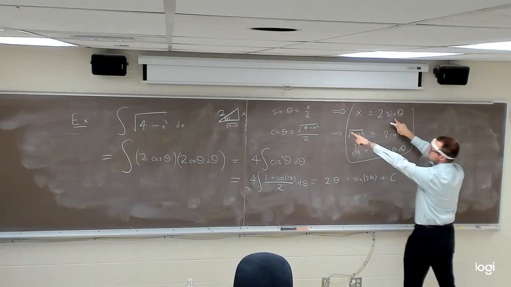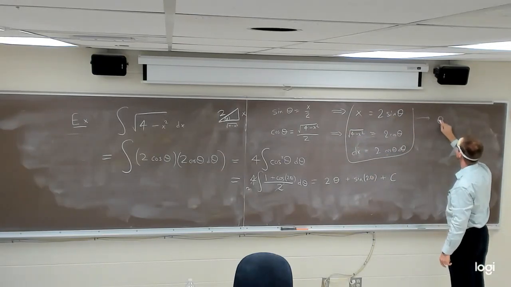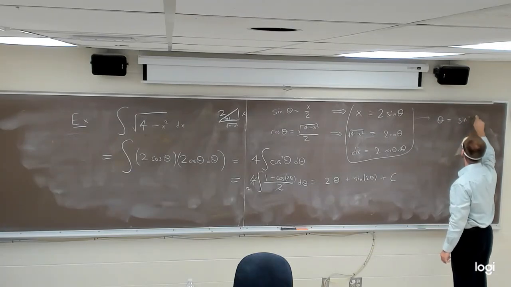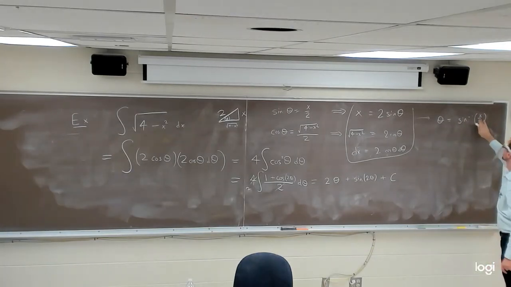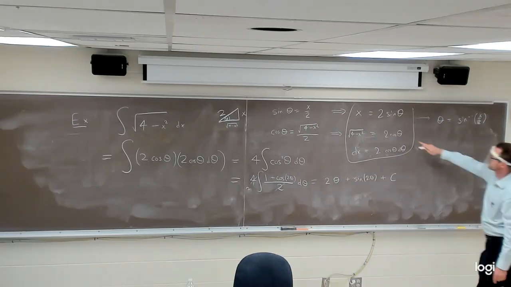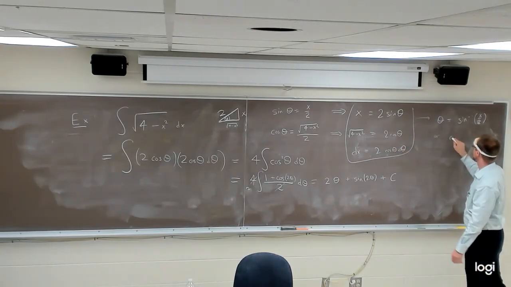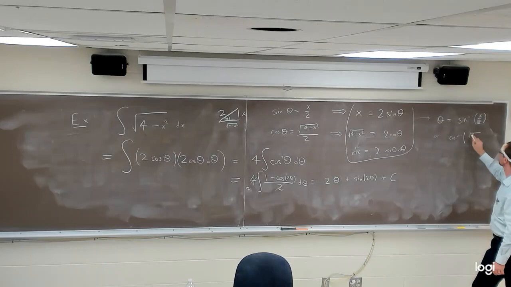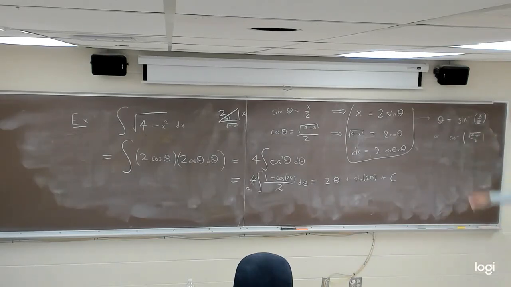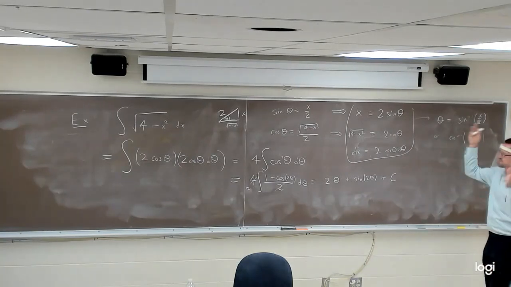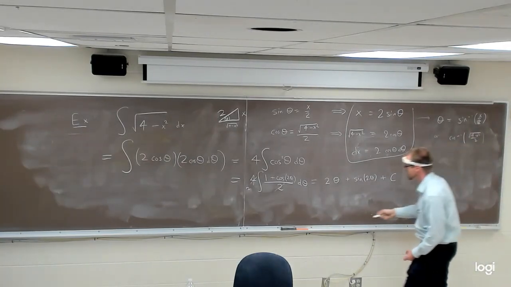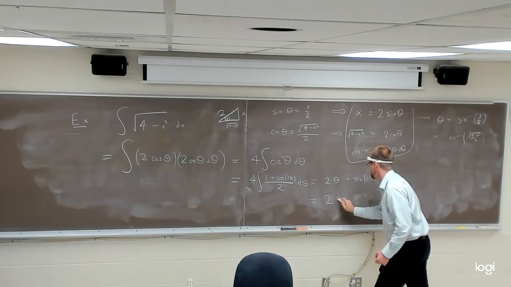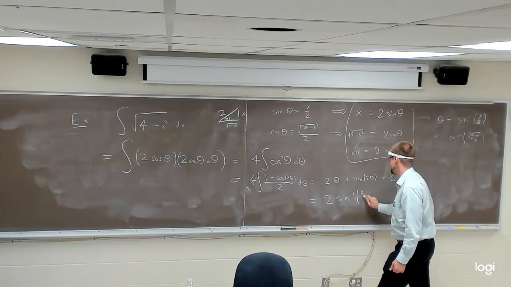If I take this and divide by 2, I can take an inverse sine and write theta this way. I could, if I wanted to, divide by 2 and have an inverse cosine. These actually end up being the same. I'm going to take this one just because it looks a little bit simpler. Or I could write down an inverse tangent, but I'll skip that. All right, so theta is the inverse sine of x over 2.